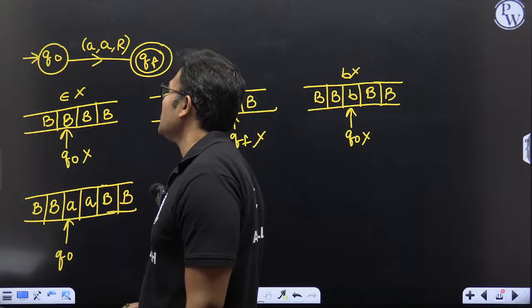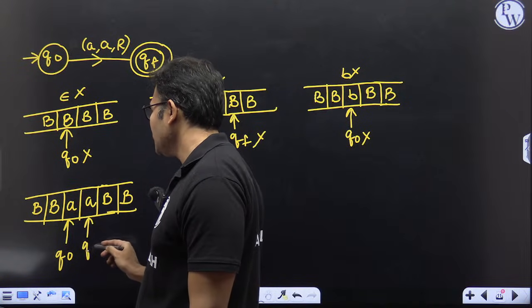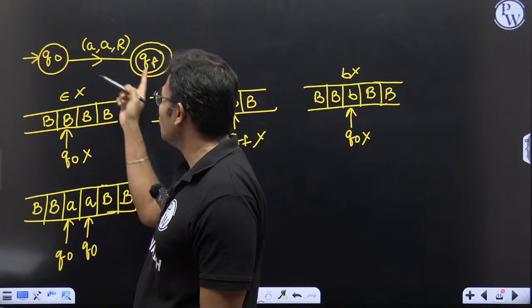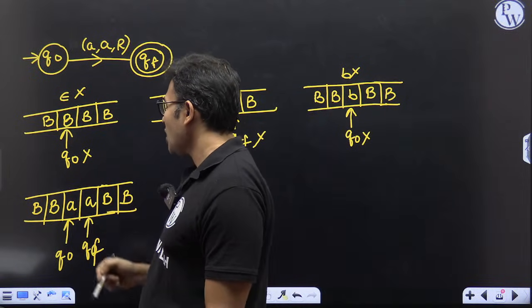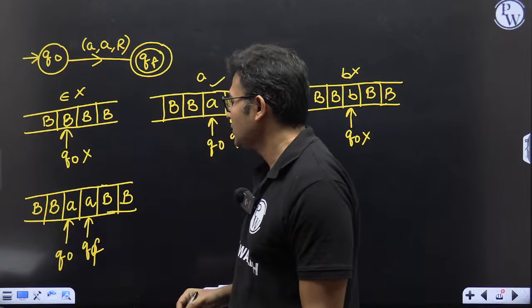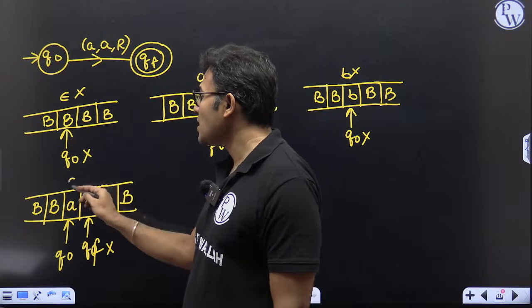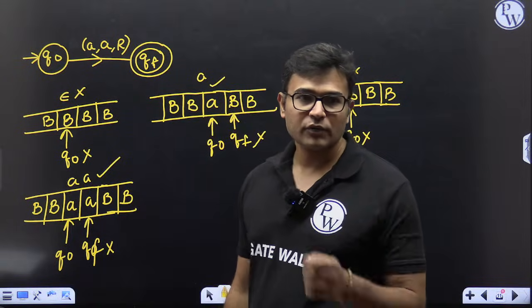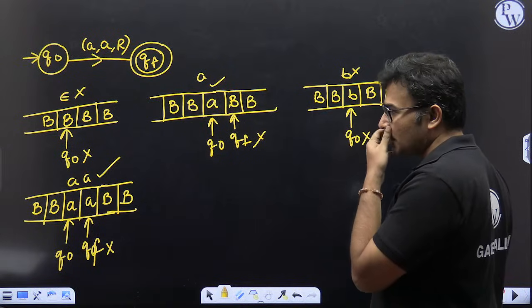On seeing A, you will leave it as A and move right, and you will be in state Q0. On seeing A again, you will move right and you will enter state QF. And for QF, on A it is not defined, so we will halt in QF, which means AA is also accepted. Now you understood? Very good, Prashant.